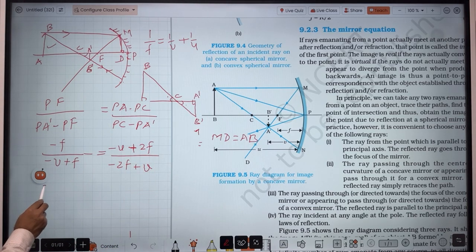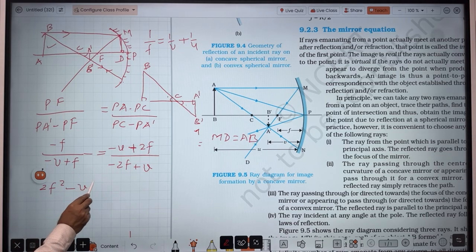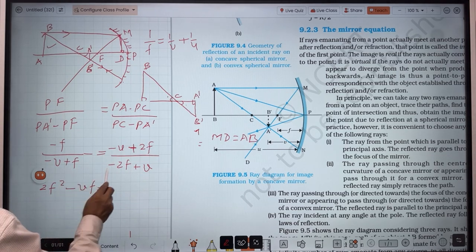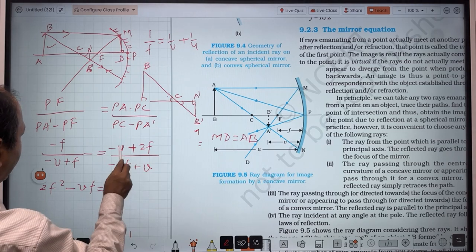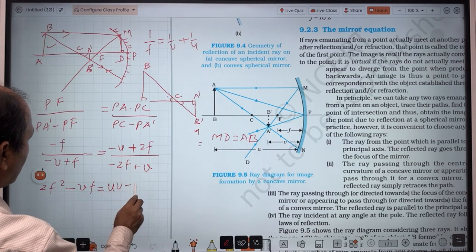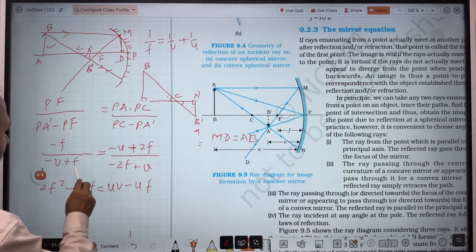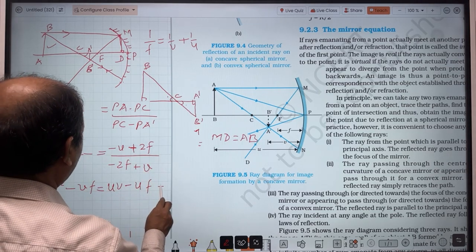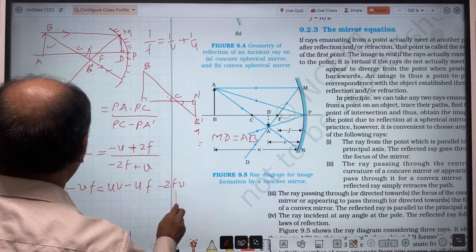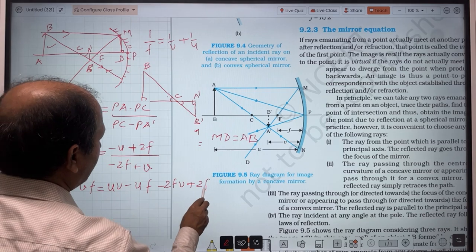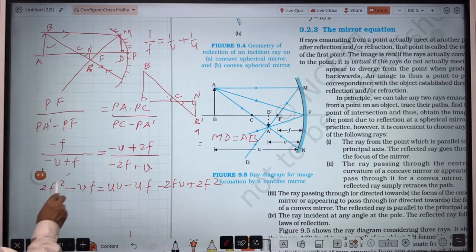Now let's do cross multiplication. So this will give 2f square minus vf is equal to uv minus uf minus 2fv plus 2f square, right?